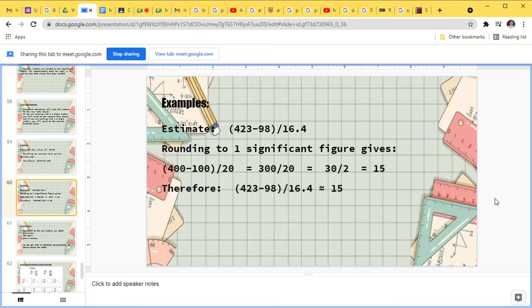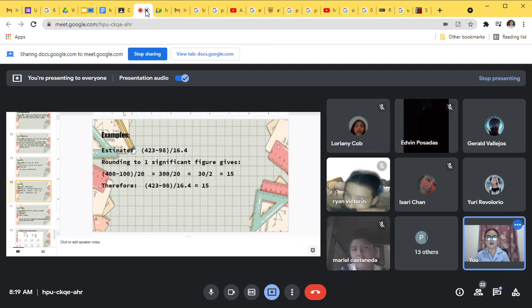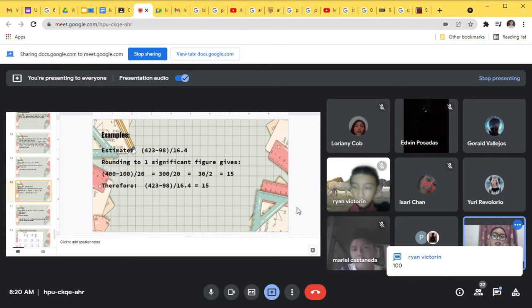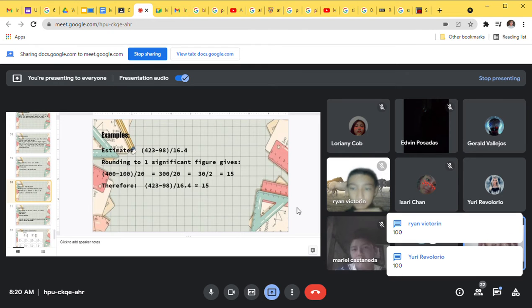Now, if we round off 98 to one significant figure, what do we get? 100, right? We get 100. So, very good, we get 100.